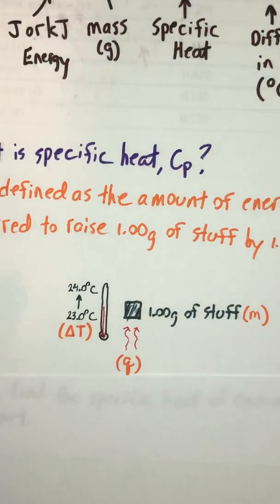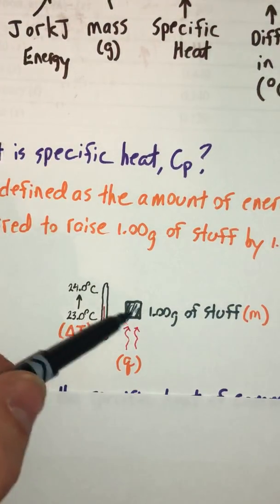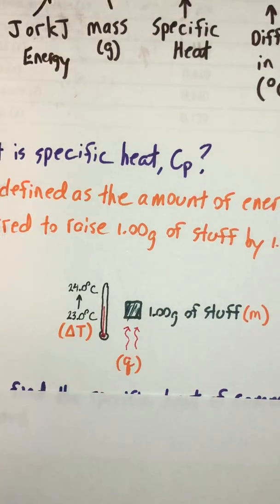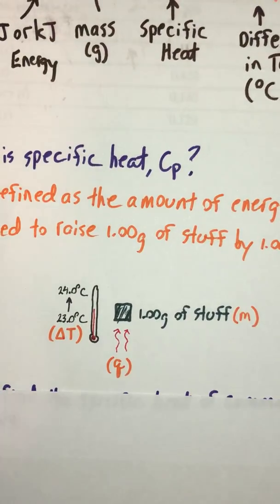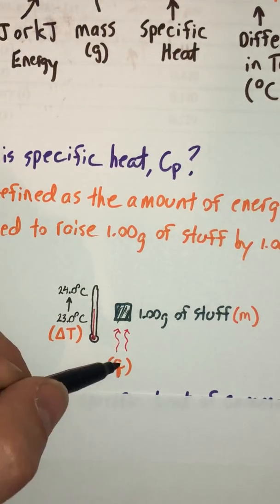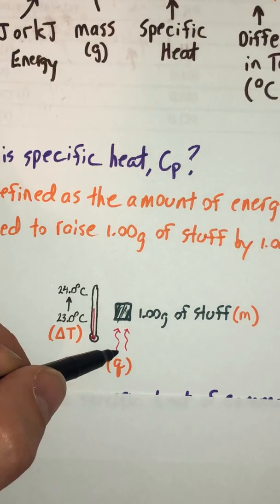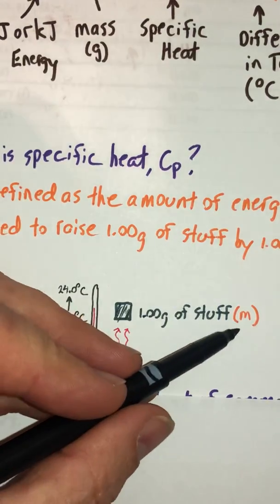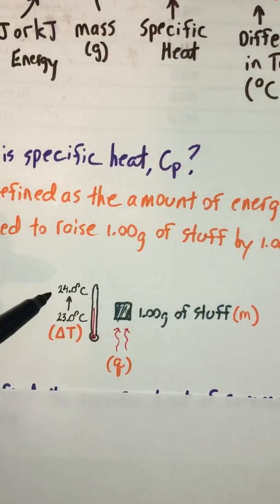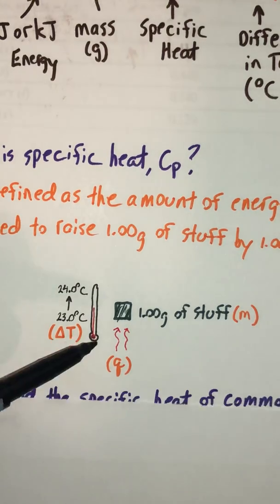So we have 1 gram of stuff. So this is different from molar heat. We're not talking about melting, we're not talking about moles. We're just talking about its temperature changing. So this is going up by 1 degree because we're putting in some energy of some kind, and that 1 gram went up 1 degree.